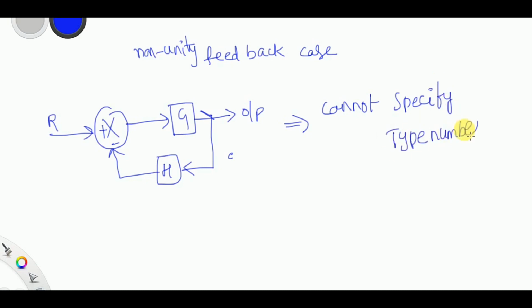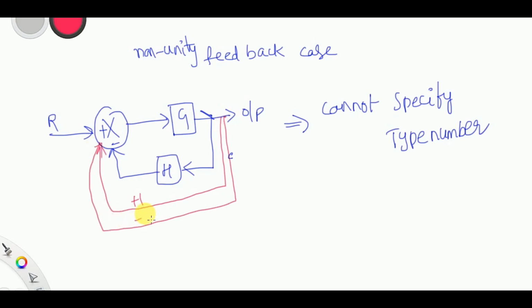What you should do is convert this into a unity feedback system. That will happen if you take two more feedbacks, +1 and -1. This is a simple intuitive approach: for example, if x is there and you add and subtract 2x, the value will not change.